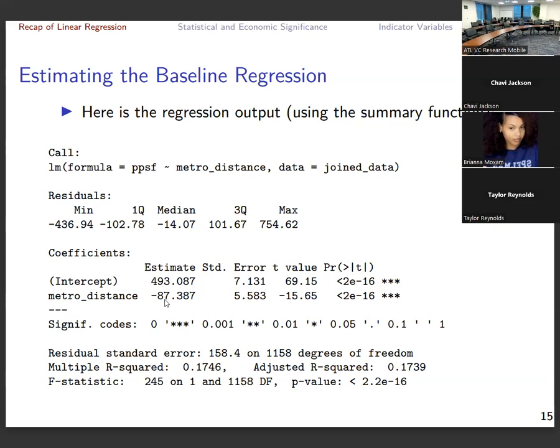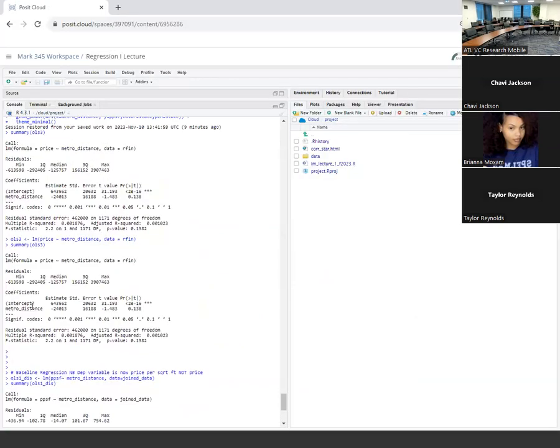Yes. And that's very different than what we found for the relationship between the metro distance and the price of the house. There you saw that it was a minus 24,000. But if you come out here, there's no dots. So we know that it's not significant at the 10%, 5%, 1%, or 0.1% level.